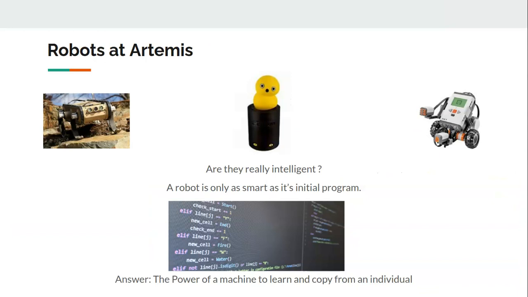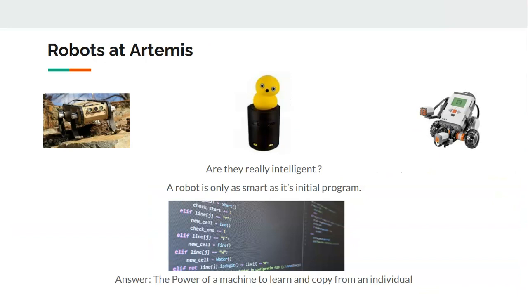If you program a robot to say, if you see somebody holding a gun, shoot, and if you see someone not holding a gun, don't shoot, the robot will analyze somebody, and if he sees a weapon, he will shoot. If he does not see a weapon, he won't shoot. You understand? So basically, that's what a robot is. It only does what you have programmed it to do.